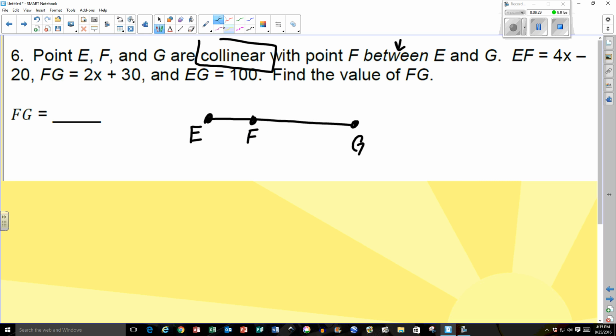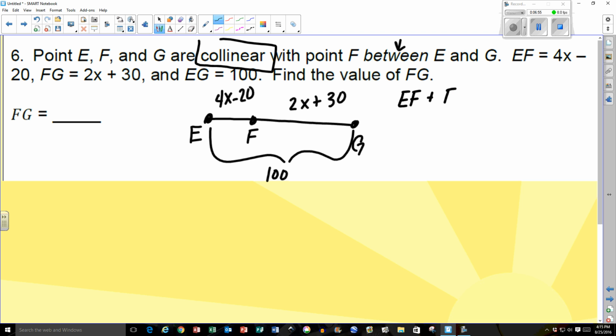All right, so let's see. It says EF is 4x minus 20, so this piece is 4x minus 20. FG is 2x plus 30. And EG, which is the whole thing, is 100. So knowing this, then I can do EF plus FG equals EG.